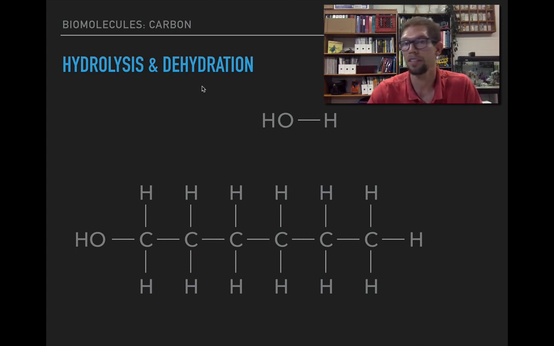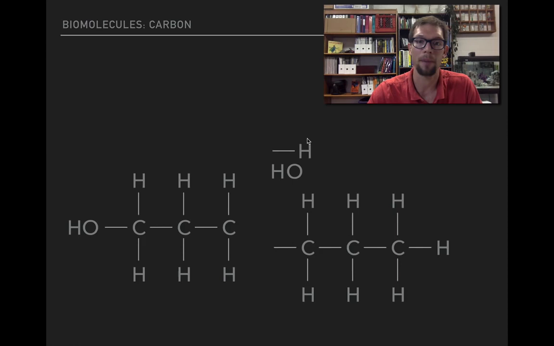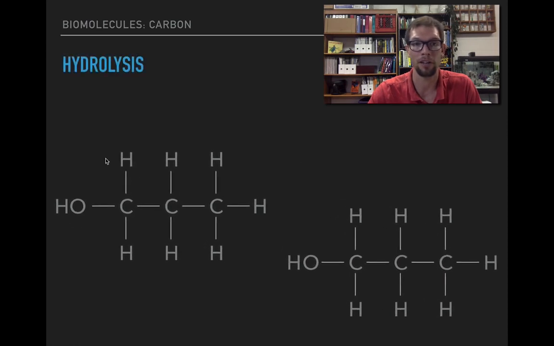So both hydrolysis and dehydration, you might expect, contain water in the equation, and they certainly do. So a hydrolysis reaction is going to take a water, hydro meaning water, lysis meaning break. It's going to break the water and it's going to break the macromolecule in two. So you can break off the different monomers of a polymer with hydrolysis reactions.